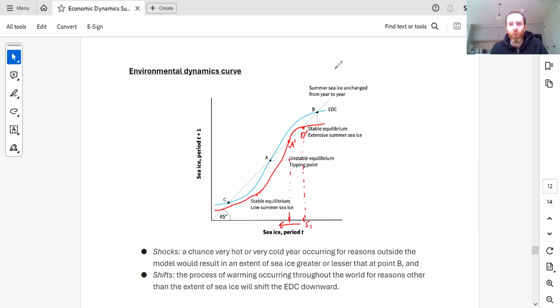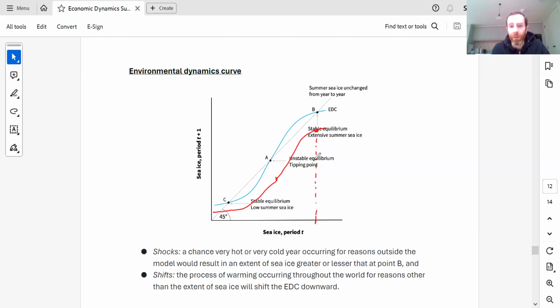And then we get the sort of bust possibility. If this environmental dynamics curve shifts downwards to such an extent that something like this happens, so it shifts down so much, it's so altered by global warming, that we're at point B here, and let's imagine that we get this big shift downwards of the environmental dynamics curve.